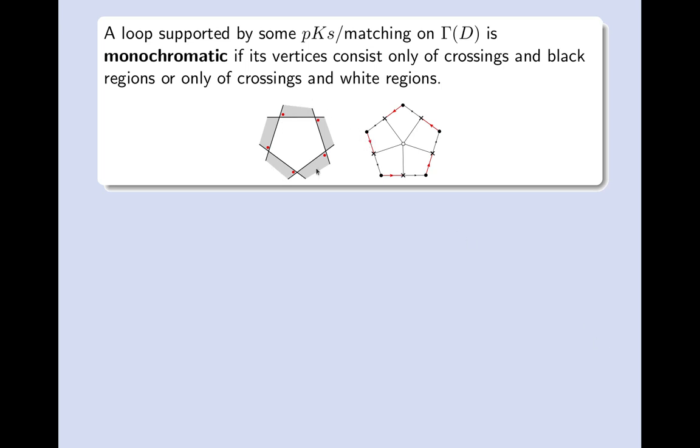So we have an example here with these 5 components of a partial Kauffman state that are circling around this white region, and here we have the same thing seen at the level of the Tait graph. And here we have, after changing the orientation of all these red edges that are given by the matching induced by this partial Kauffman state, we see that we have a length 10 oriented cycle, again circling around this isolated white component, white vertex.